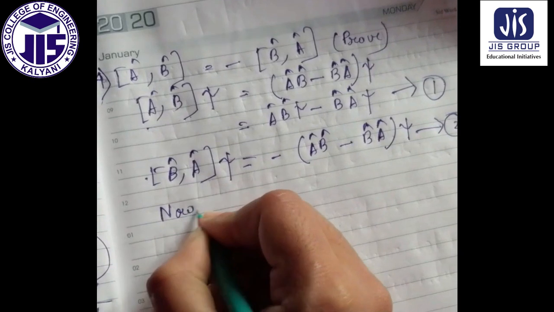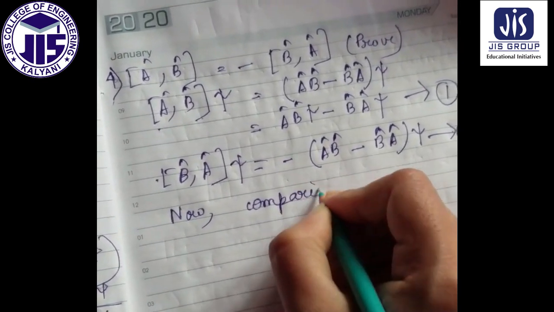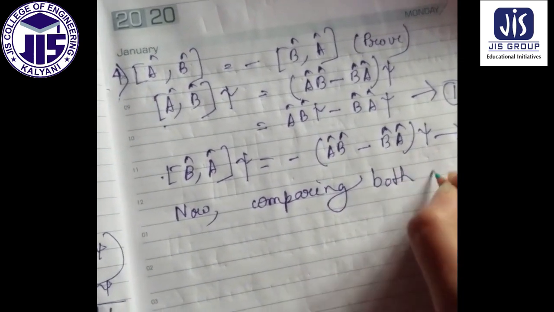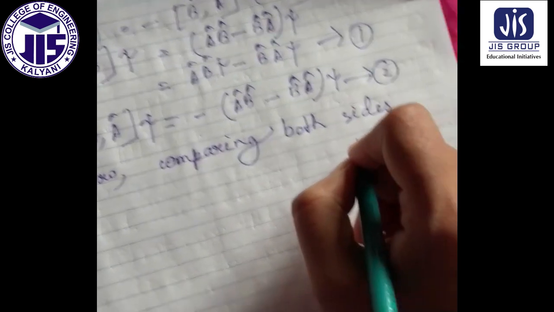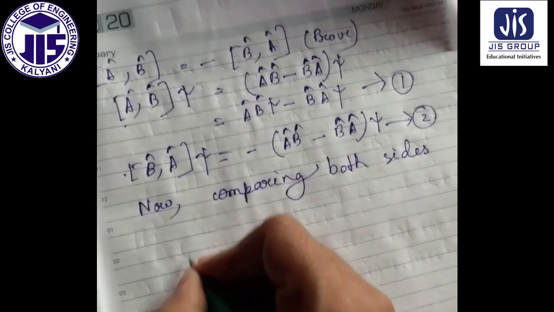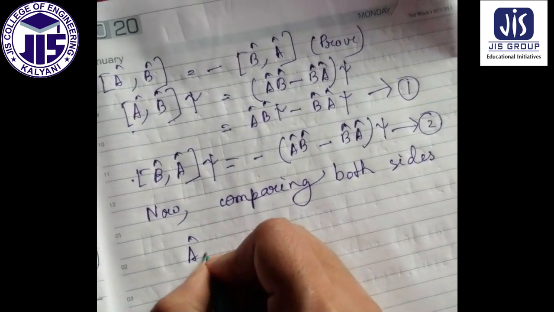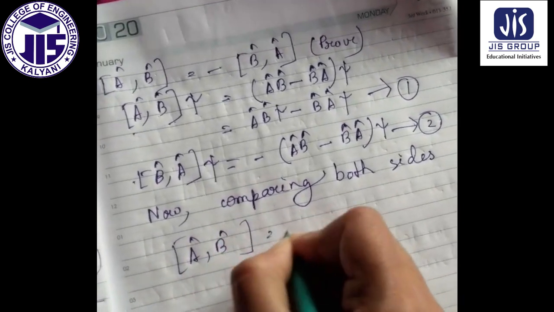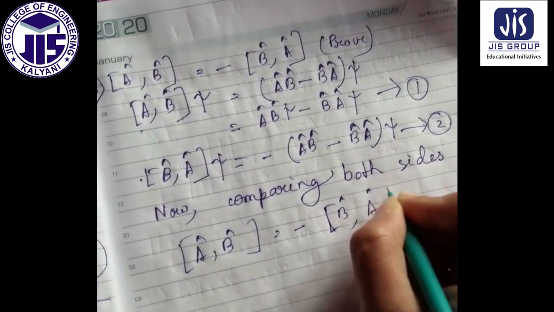Now comparing both sides, we can write easily that [A, B] is equal to minus [B, A].